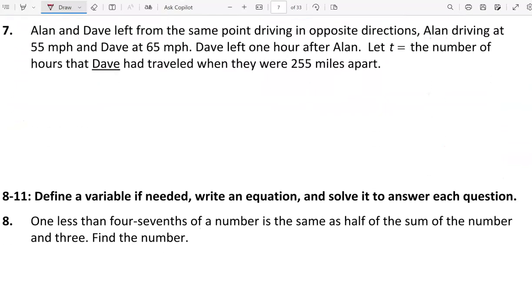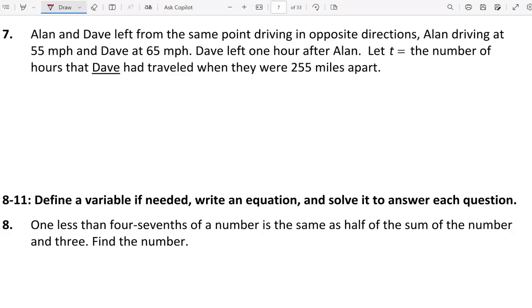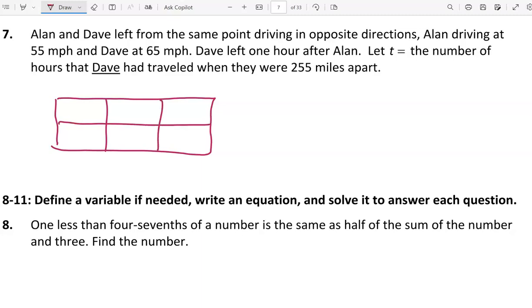In 7, we have Alan and Dave leaving from the same point, driving in opposite directions. Alan at 55 miles per hour, Dave at 65. Dave left 1 hour after Alan. So again, I'll set up a chart to organize the information. Miles per hour, those are the units of the rate, and we need to multiply that by the number of hours to get a result measured in miles.